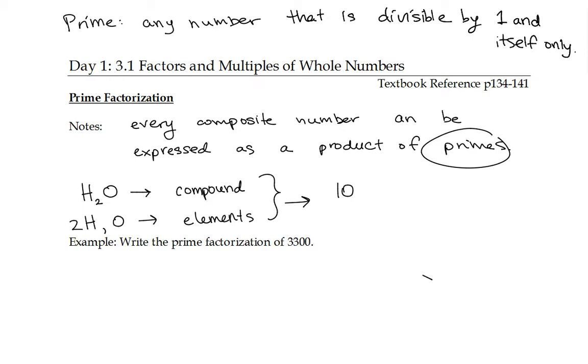Is 10 only divisible by 10? It could also be divided by 2 and the result would be 5. So we could express 10 as 2 times 5. Do you agree?